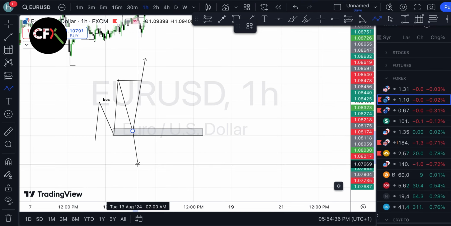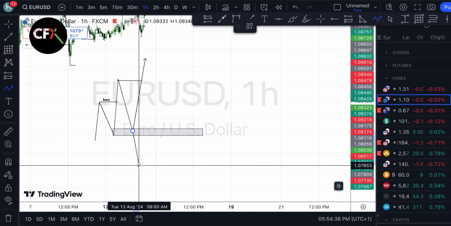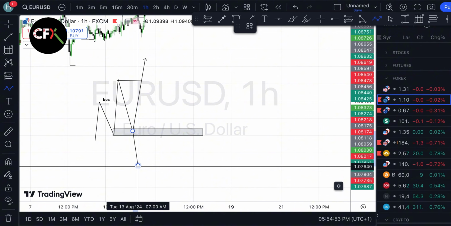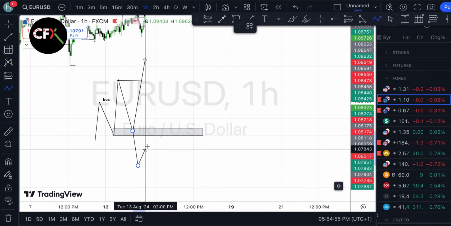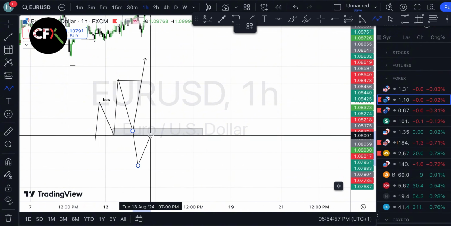Now when this kind of thing happens, we cannot control the market. We can only predict. So when something like this happens, you don't have to panic. Price will always come and retrace back to the previous order block, which is now called a breaker block.